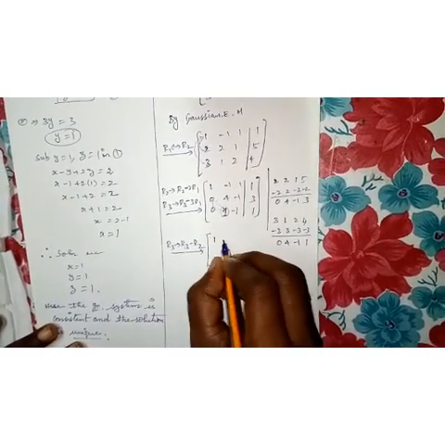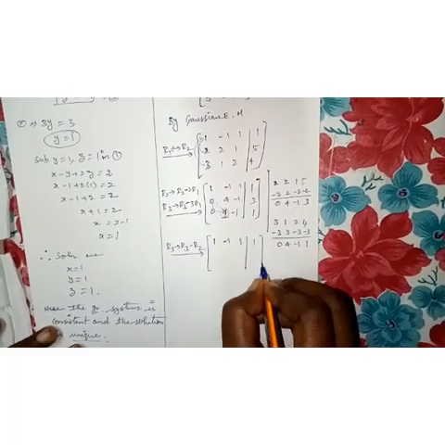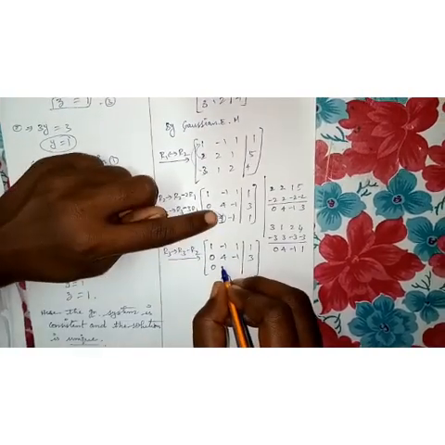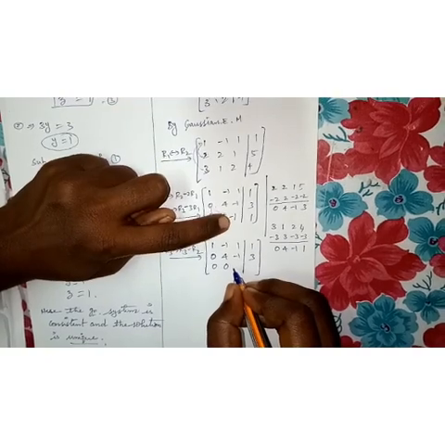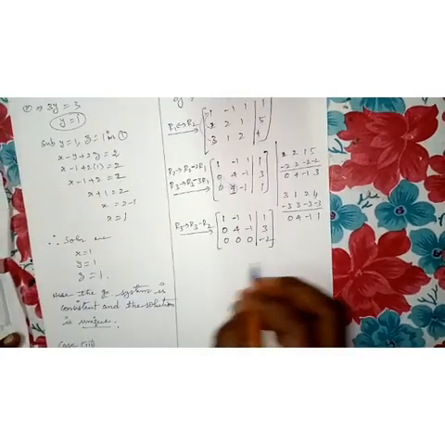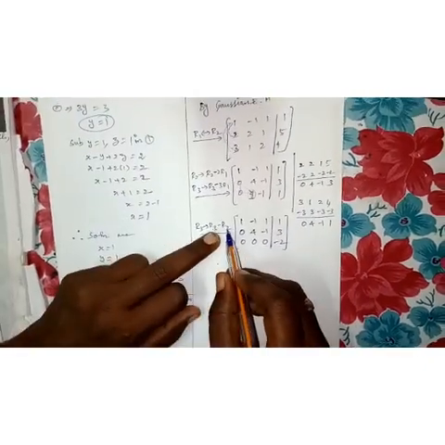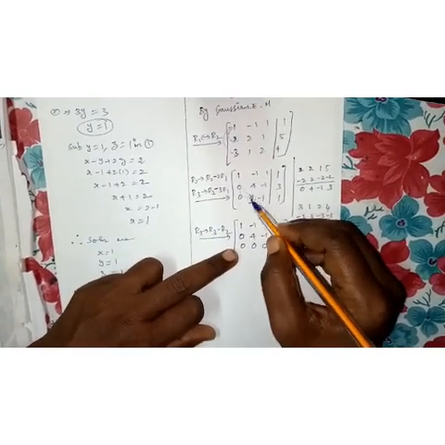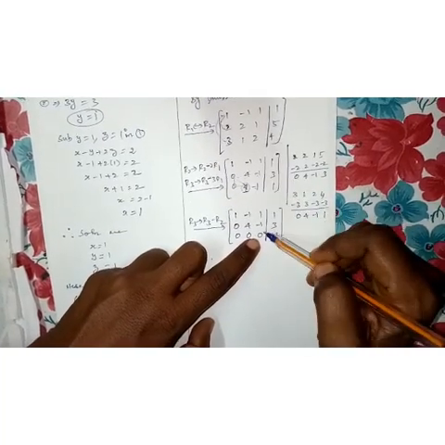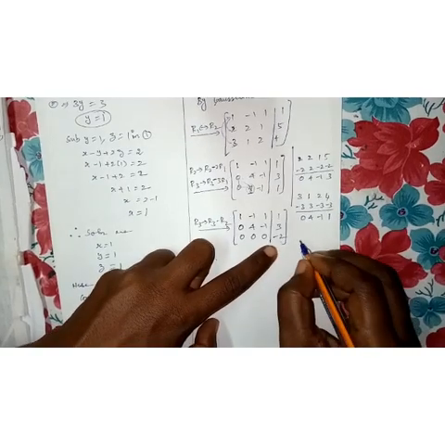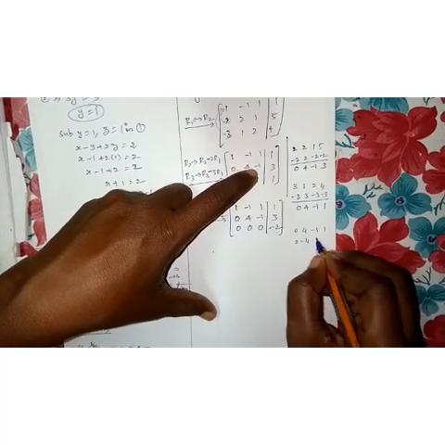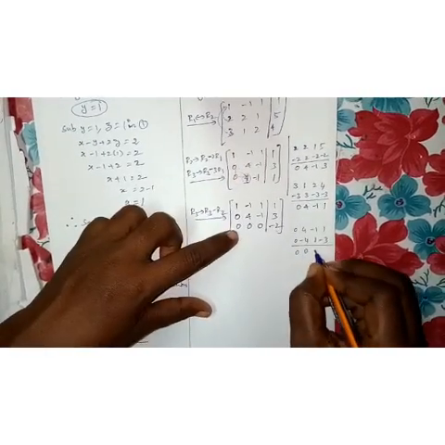The second row needs no change. So the third row is 0, 4 minus 4 is 0, minus 1 plus 1 is 0, and 1 minus 3 is minus 2. So [0 0 0 | -2].